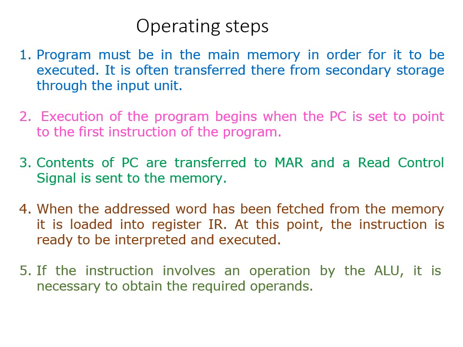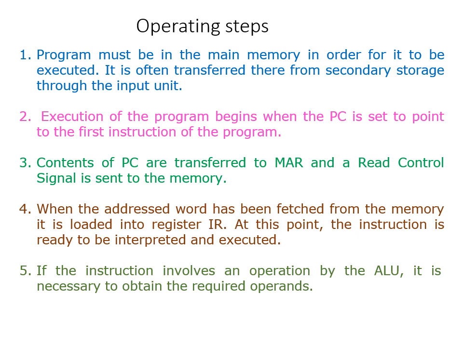Operating steps for execution of the program. First, the program must be in the main memory in order for it to be executed, and it has to be transferred there from secondary storage through the input unit.